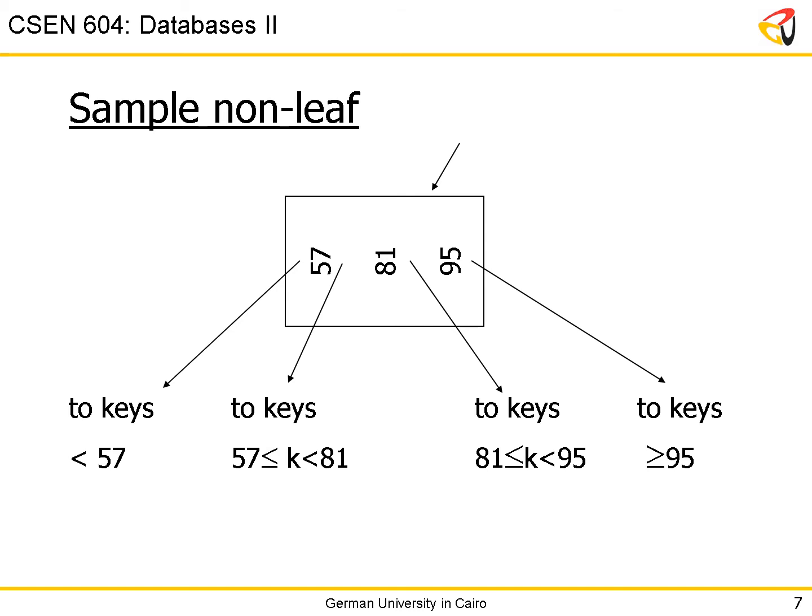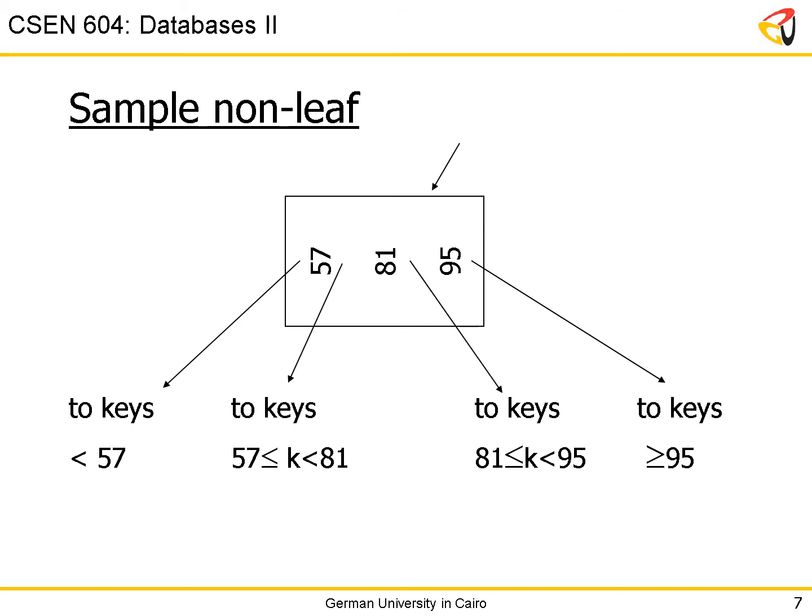Now, in the non-leaf, I will also have a number of values, and there are arrows that guide me in the traversal starting from the root, in the insertion, deletion, and update, as well as in the search, to where to go in the tree.